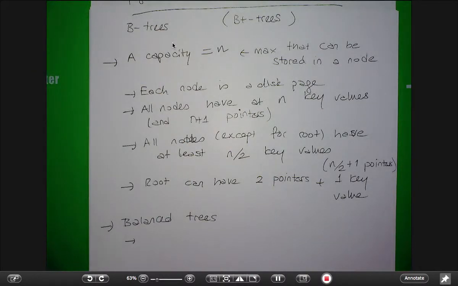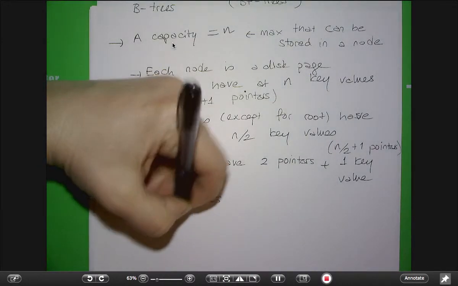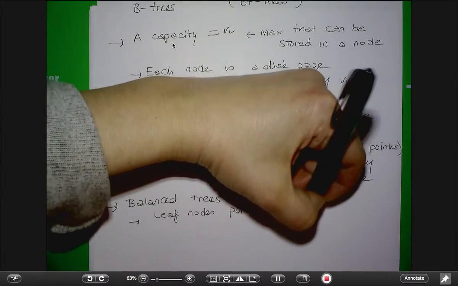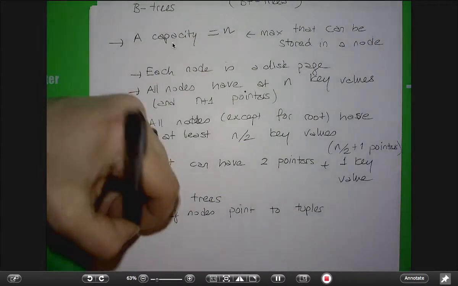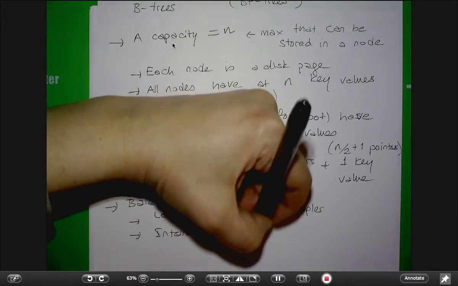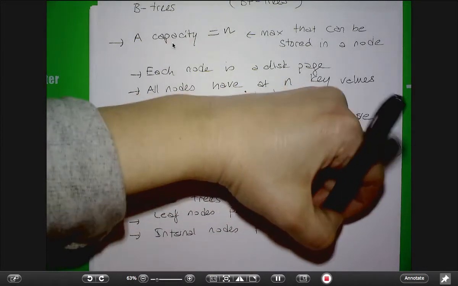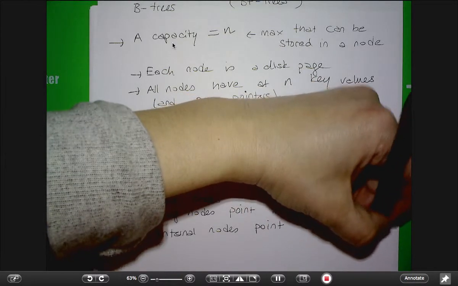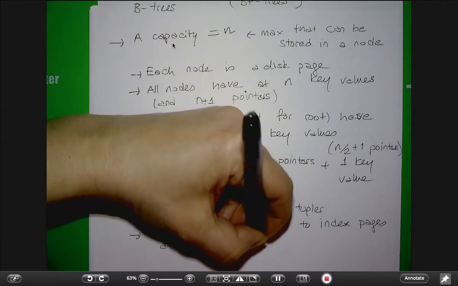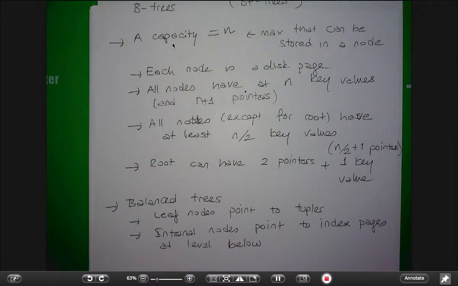And we talked about how leaf nodes point to tuples, and internal nodes point to index pages at the level below. Okay, so these are the main properties of a B tree. We will maintain all these for every single operation that we do.